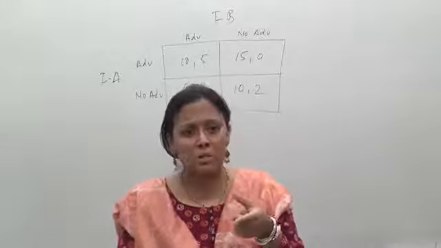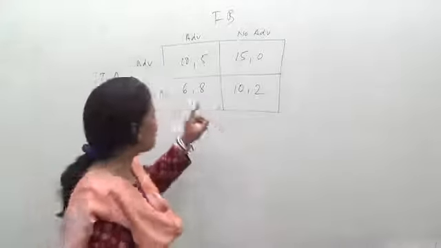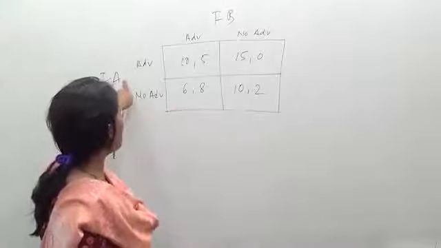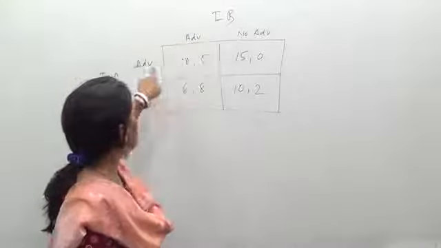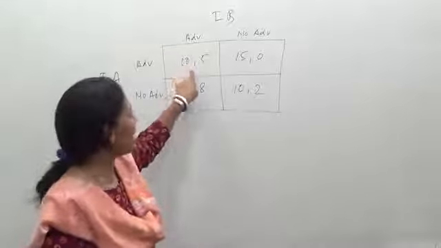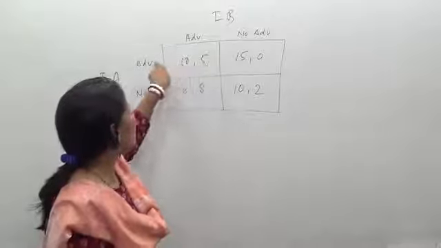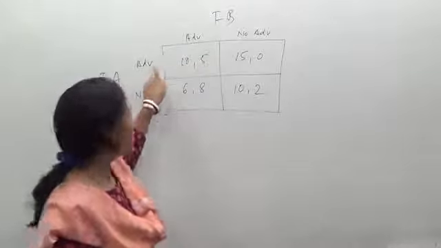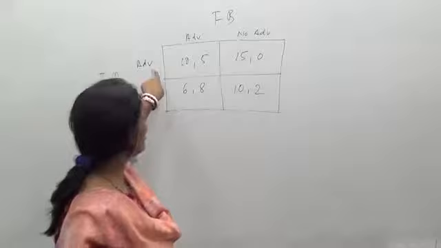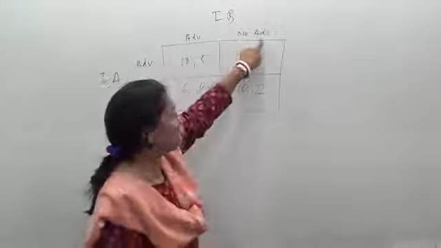This is based on the payoff matrix. The matrix which I showed is a payoff matrix. Now how it is read, I am telling you. Suppose firm A and firm B both plan to go for advertisement. Then the expected payoff is 10 and 5: A will be getting 10 and B will be getting 5. Now the next strategy is A going for advertisement, B not going for advertisement.